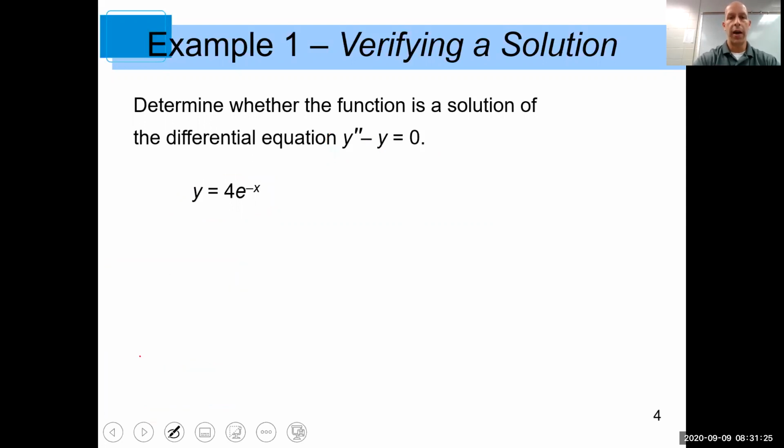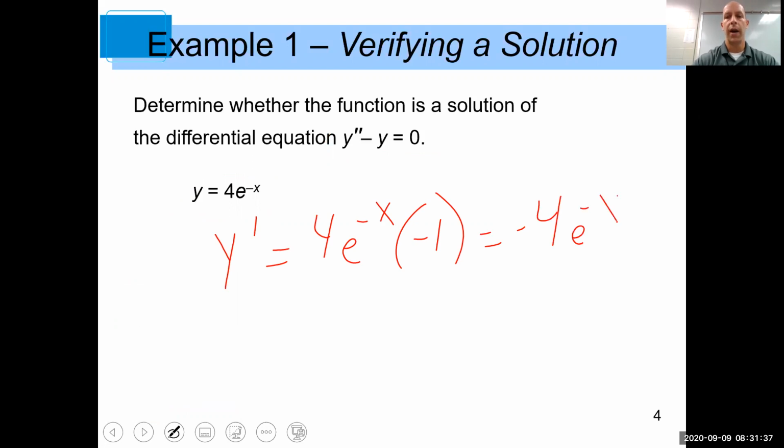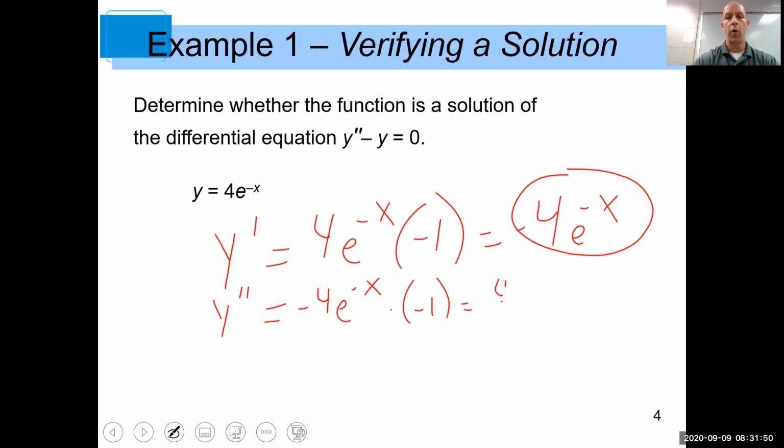So let's do that first. y prime is 4e to the negative x times negative 1 by the chain rule, which gives us negative 4e to the negative x. y double prime is the derivative of this, so that's negative 4e to the negative x times negative 1, which is 4e to the negative x.